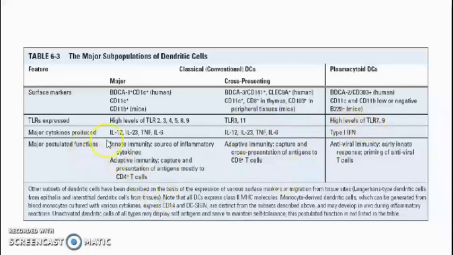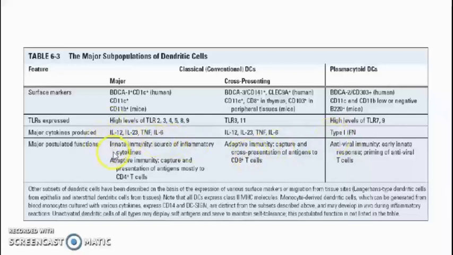The major cytokines produced by the major classical dendritic cell are interleukin 12, interleukin 23, tumor necrosis factor, and interleukin 6. The cross-presenting cells produce interleukin 12, interleukin 23, tumor necrosis factor, and interleukin 6. The plasmacytoid dendritic cells produce type 1 interferon cytokines.